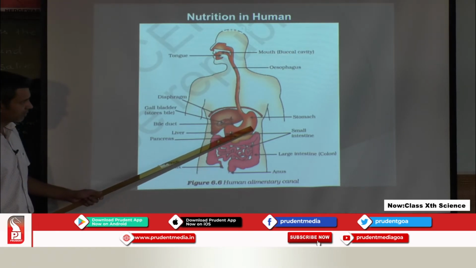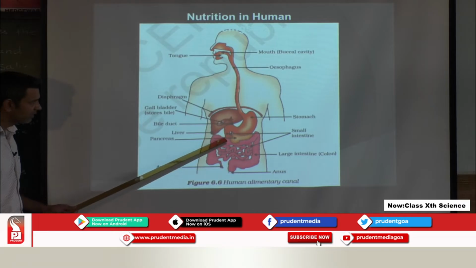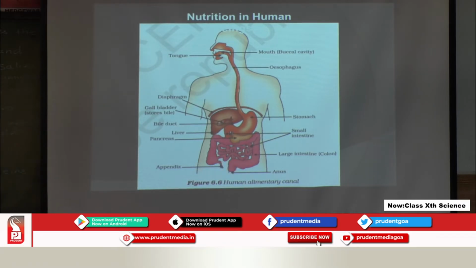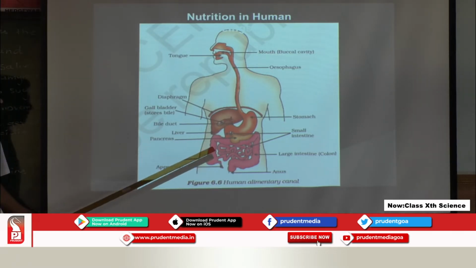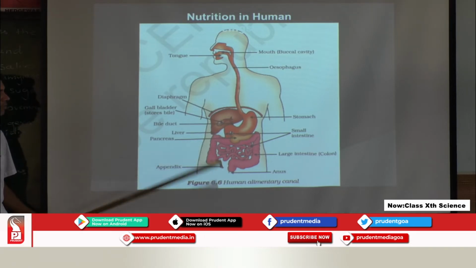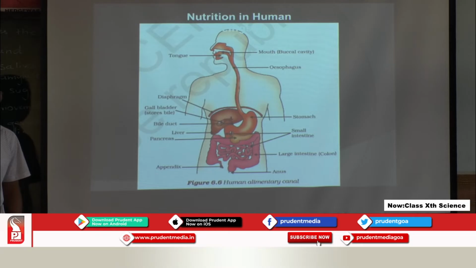So from the stomach, food will enter the small intestine. From the stomach, food enters the small intestine in small amounts, and this is regulated, taken care of, by the muscles which are present where the stomach and small intestine meet.